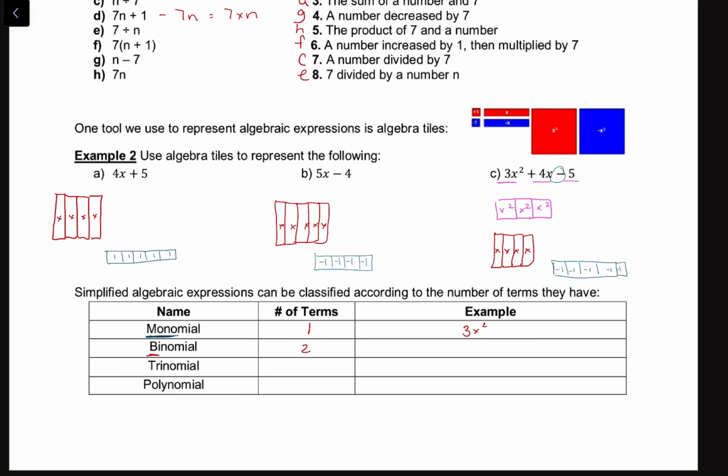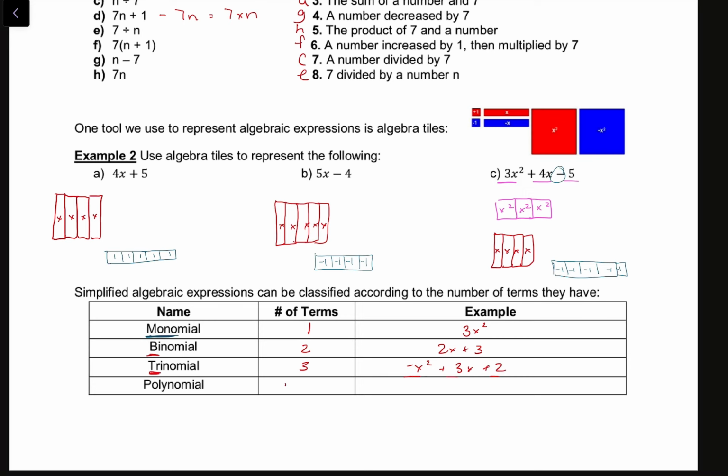Binomial means 2. So we can have 2x plus 3. So we have 2 values there. Trinomial is 3. So we can do such as example C here. We have -x squared plus 3x plus 2.